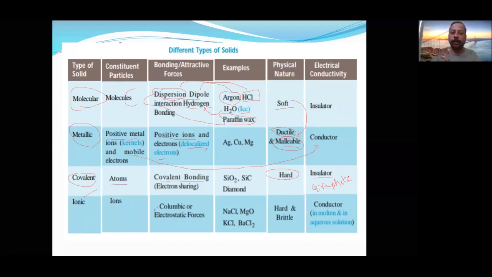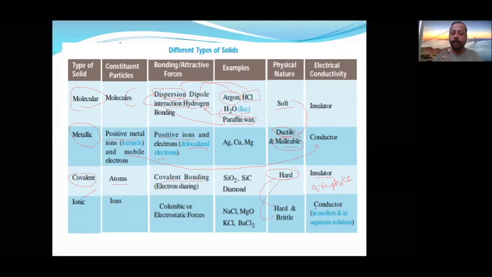Ionic crystals obviously contain ions, and the interparticle force between them is electrostatic force. Examples are NaCl, MgO, KCl, BaCl2. They are also hard and brittle. See, there is a difference between hard and brittle.